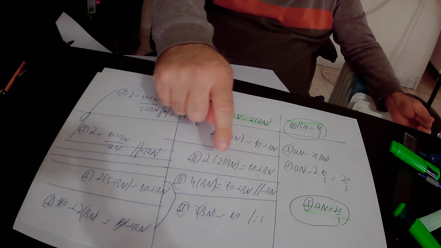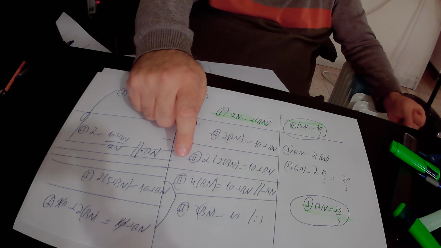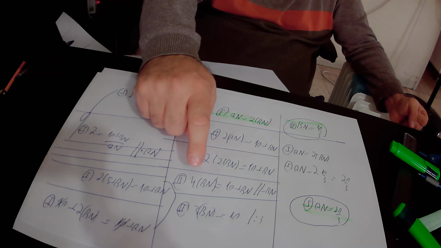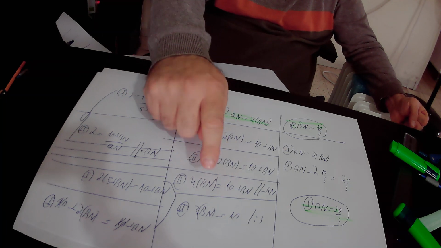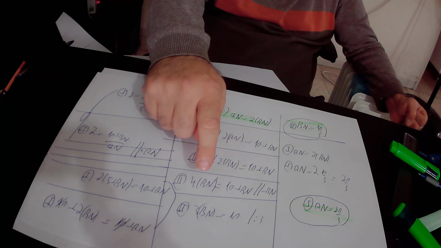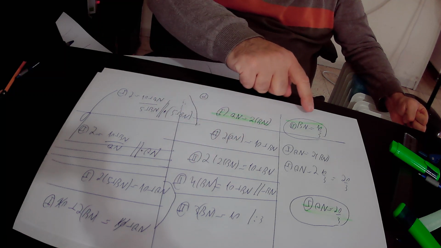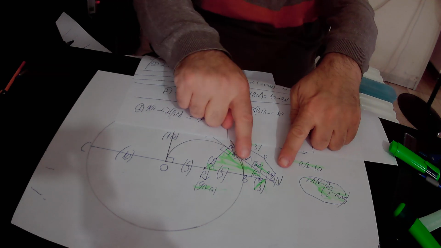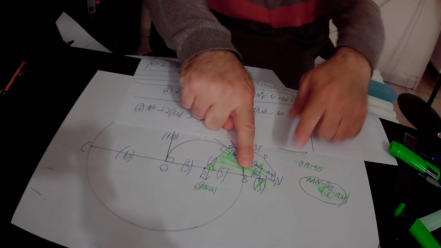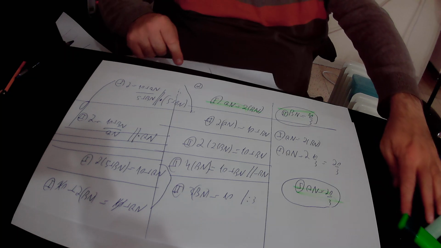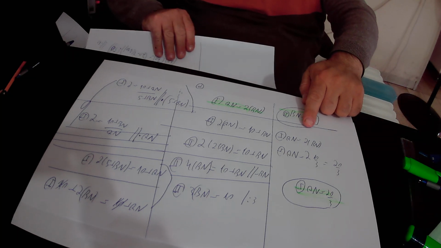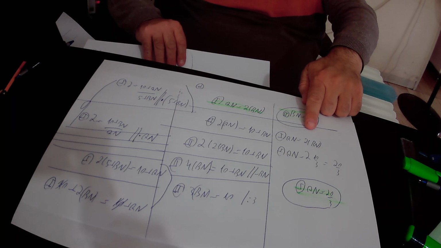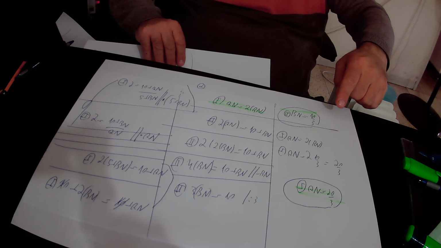Here we subtract BN from this equation, and found out that 4BN minus BN is 3BN, so 3BN equals 10. We divided this equation by 3 and found out that BN equals 10 over 3. This line segment BN is 10 over 3 units in length. According to equation number 1, we already found out that QN equals 2 times BN.